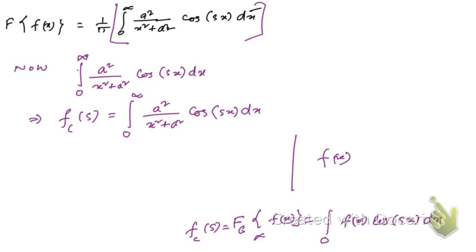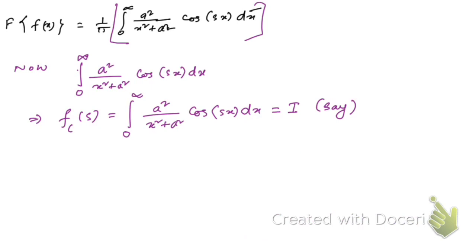And also let us consider this integral to be, say, I. Okay, so now let me clear these things. Hope you have understood this. Now if you differentiate both sides with respect to s, then what are you gonna have?